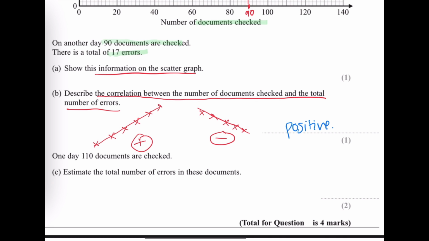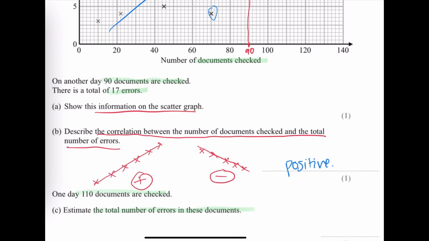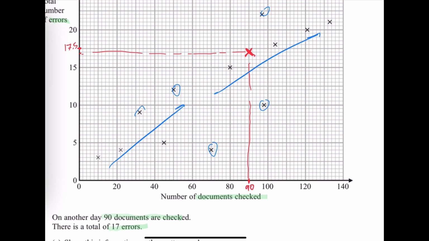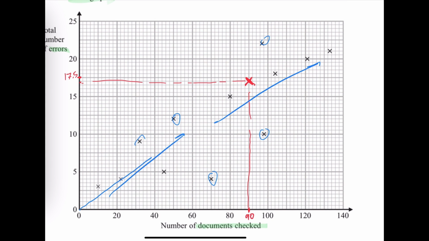One day, 110 documents are checked. Estimate the total number of errors in this document. So what we do is that we draw a line of best fit. So this blue over here is my line of best fit. This is where I try to go through as many of these crosses as possible and try to make it so that there is the same amount of crosses on each side and the same amount of distance.